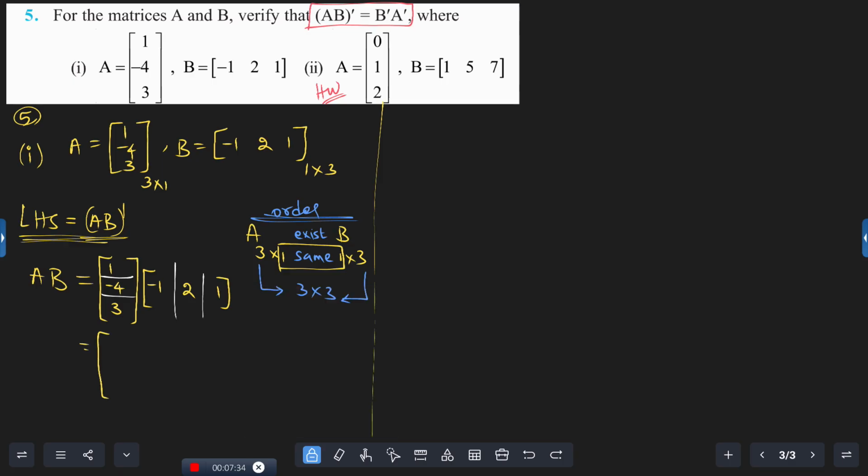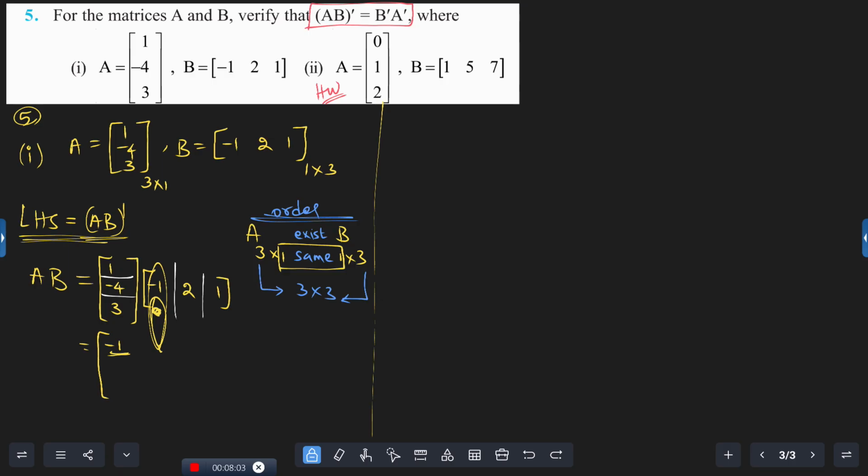Listen carefully. First row I'm taking, and multiplying with the first element. So 1 into minus 1 is minus 1. We should not put plus here. The reason: if we have a next element in the column, we can put a plus. But column 1 has only one element, which we have multiplied. If we had a second element, we would put plus.